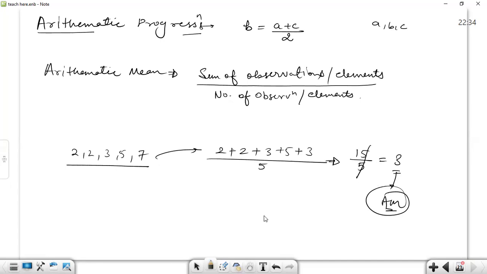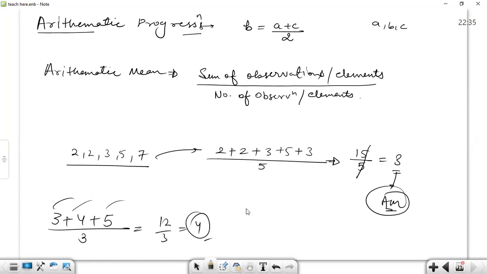Clear? Let me ask: the arithmetic mean of these three numbers, 3, 4, and 5, becomes 3 + 4 is 7, plus 5 is 12, divided by 3. 4 is the arithmetic mean of these three numbers. Clear?